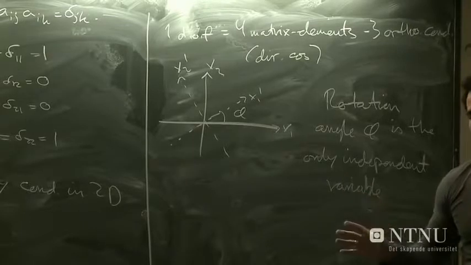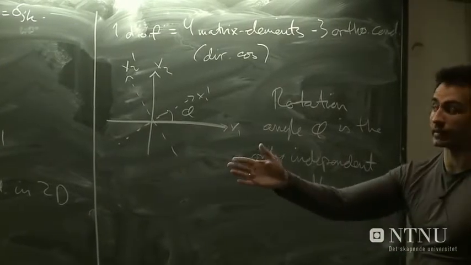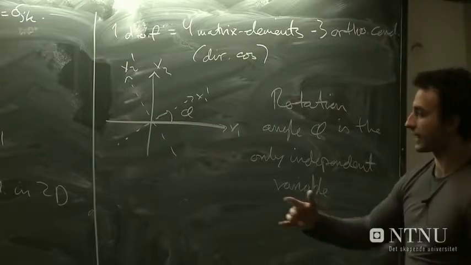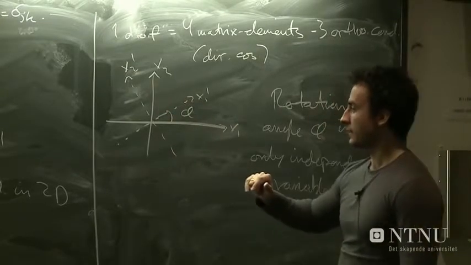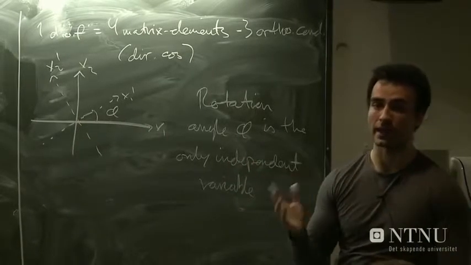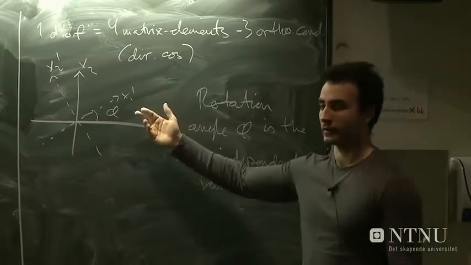Now, this would be different if we allowed for our linear transformation to change, for instance, the norm of vectors, so the length wasn't preserved. But if we have a system where the length is preserved, so we have normalization and also orthogonality, then there's only 1 independent variable.